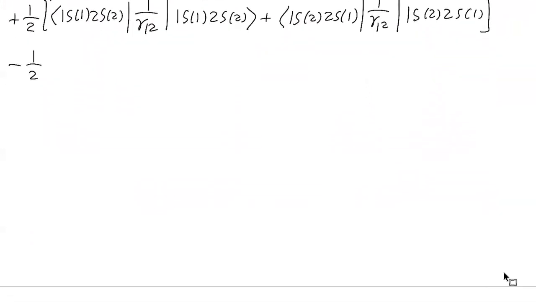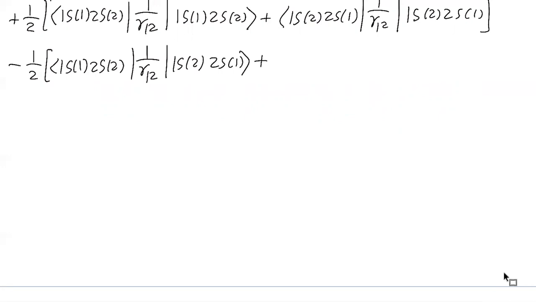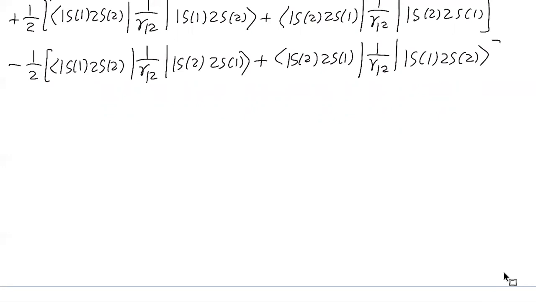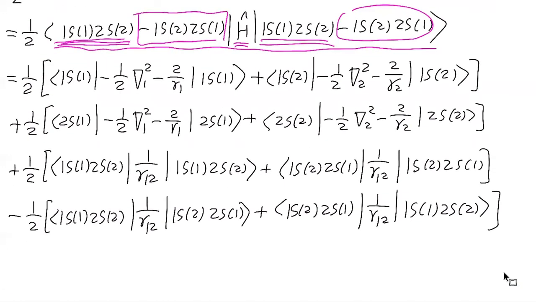So you will have 1s1 2s2, 1 over R12, 1s2 2s1, plus 1s2 2s1, 1 over R12, 1s1 2s2. Right, so in total we have 8 terms. All right, so again, let's look at those terms.